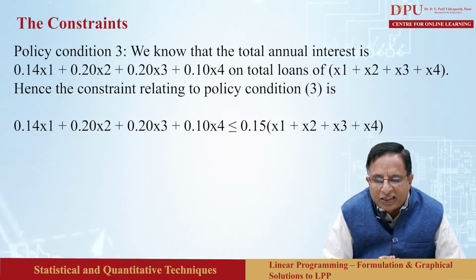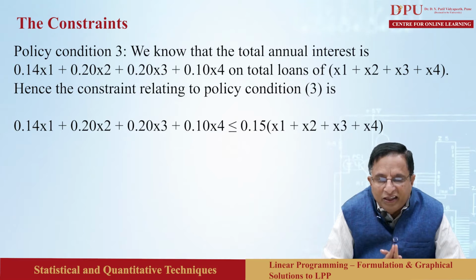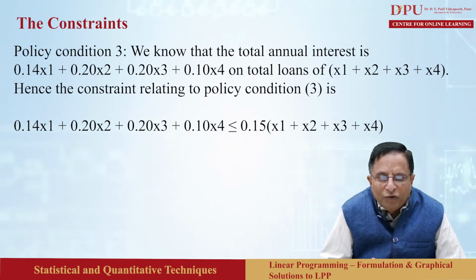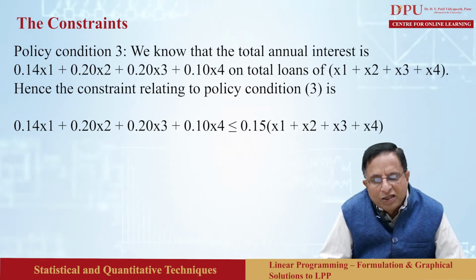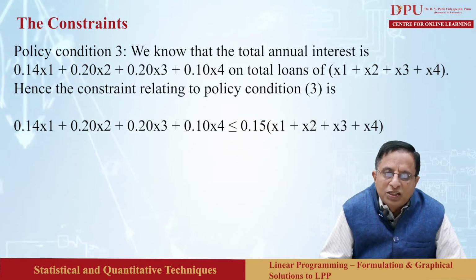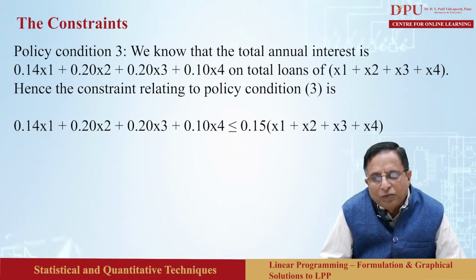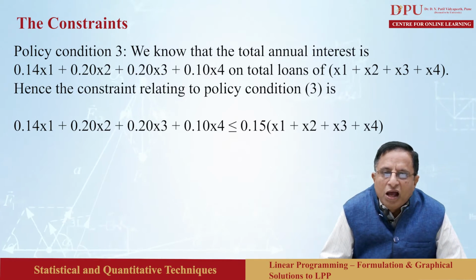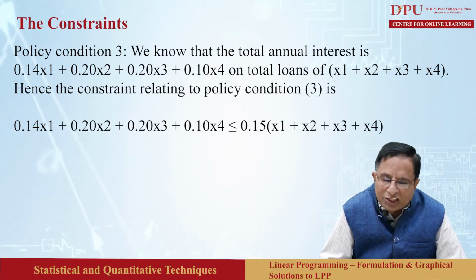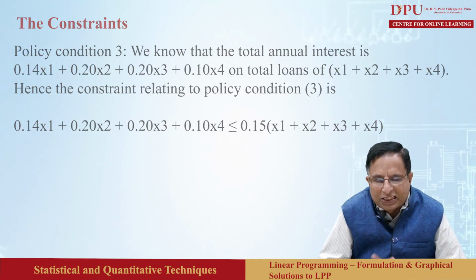Hence, the constraint relating to policy condition 3 is, as we know pretty well, 0.14 x1 plus 0.20 x2 plus 0.20 x3 plus 0.10 x4 less than or equal to 0.15 of x1 plus x2 plus x3 plus x4.